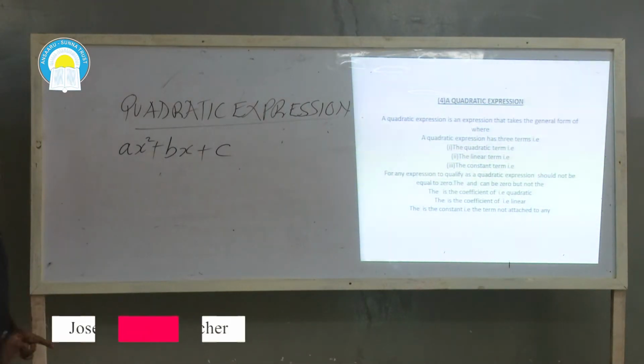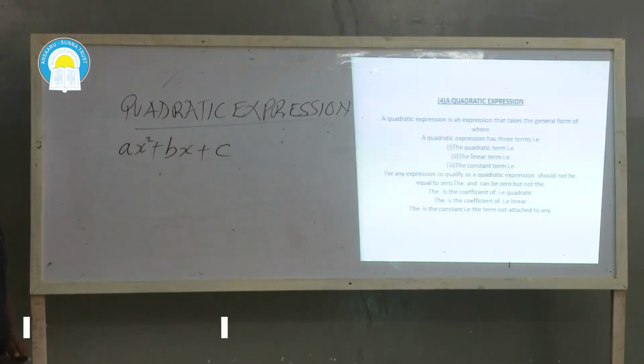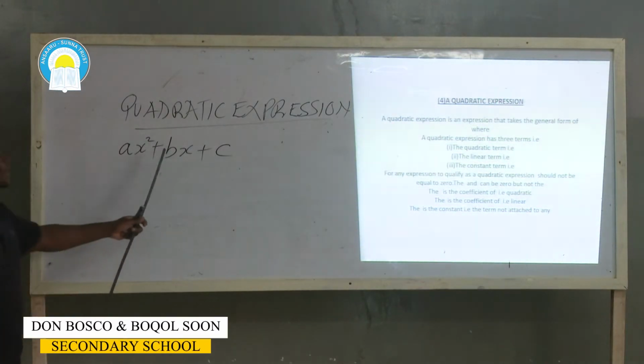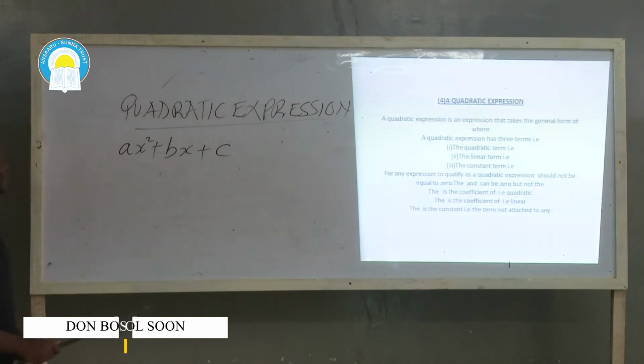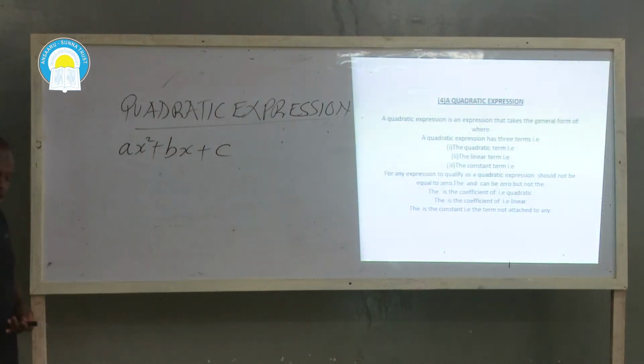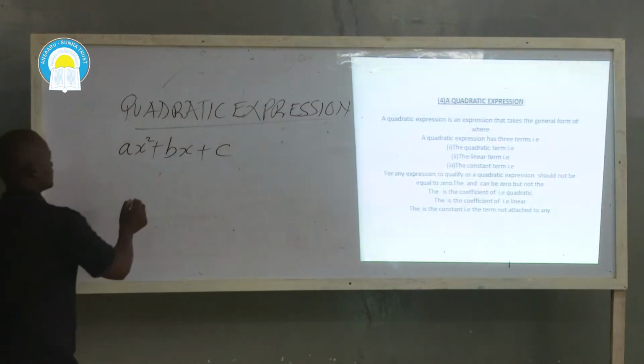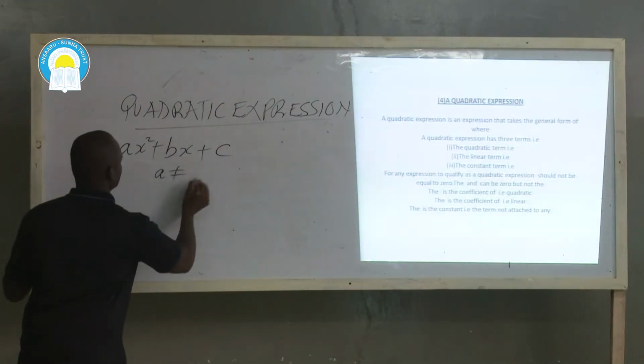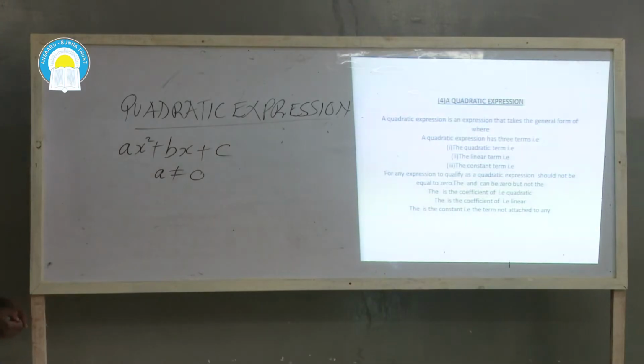Are we together? So now, what is the significance of a, b, and c? Even before I mention that, there's a key point I must remind you. This is the general form of a quadratic expression, but on one condition: a should not be equal to 0. b can be equal to 0, c can be 0, but a cannot be 0.